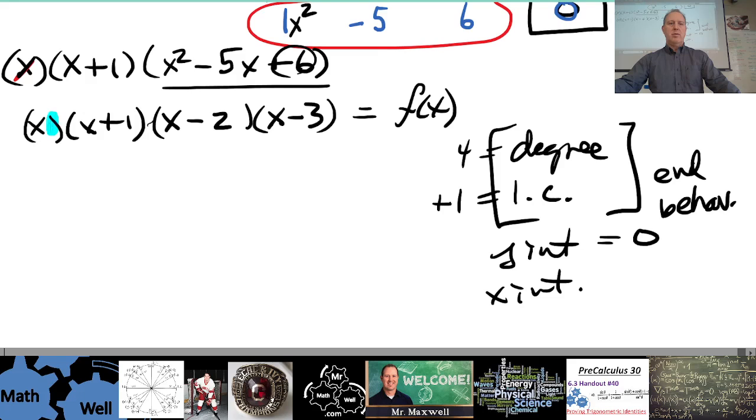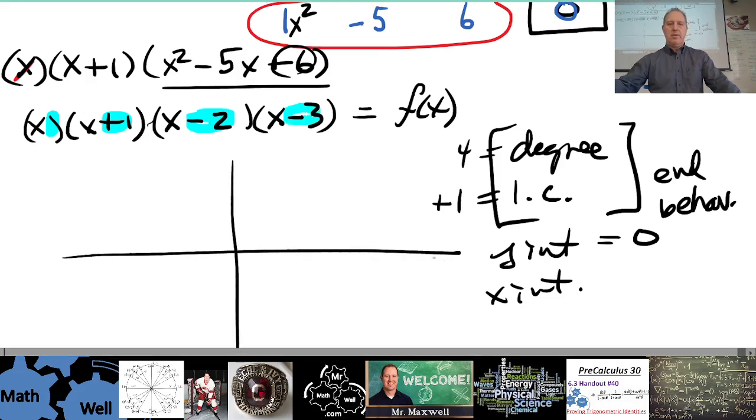We're going to have a 0, because this is x minus 0, or x plus 0. We're going to have a -1. We're going to have a positive 2 and a positive 3. So let's start putting that graph down there. One at 0, that's from this factor. One at -1 from this factor. One at positive 2 from this factor. And the one at positive 3 from this factor.